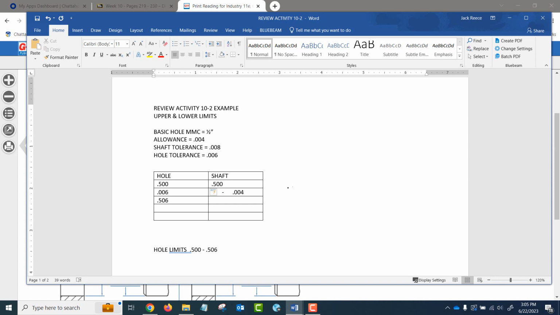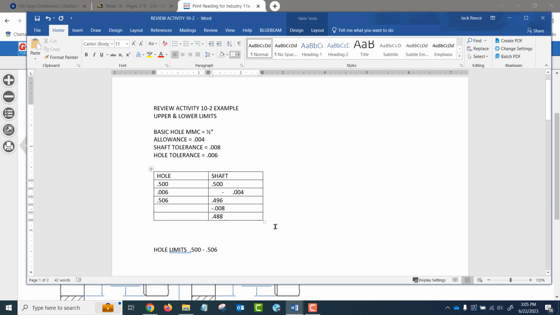And so that gives me 0.496, which is the maximum material condition of the shaft, the largest possible shaft. From that, I can subtract the tolerance of the shaft, which in this case is 8 thou, and that gives me 0.488, which is the least material condition of the shaft.